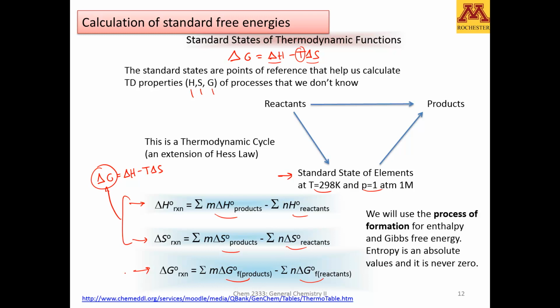So one wouldn't need to use this one. That would be, if you will, option 1. Option 2 is to avoid going through enthalpy and entropy and look up the tables for the Gibbs free energy of formation, the change in Gibbs free energy of formation for products and reactants. So in this video we're going to calculate the change in Gibbs free energy using these two approaches.